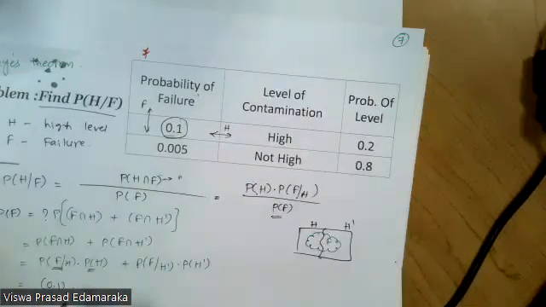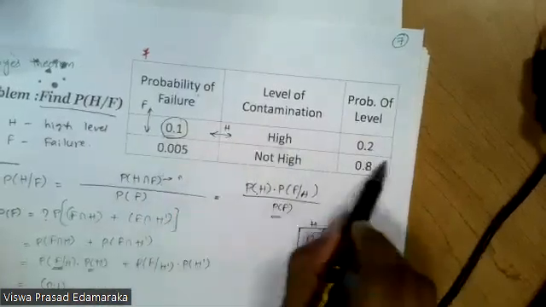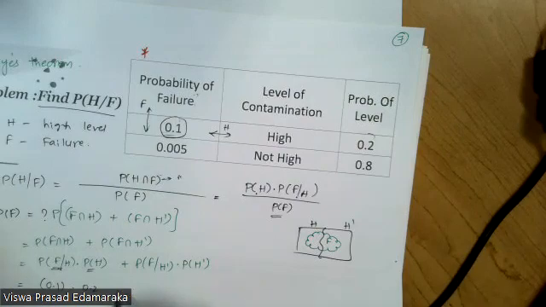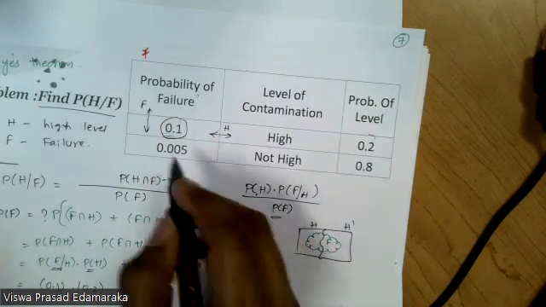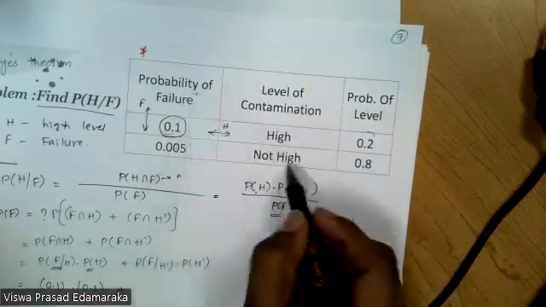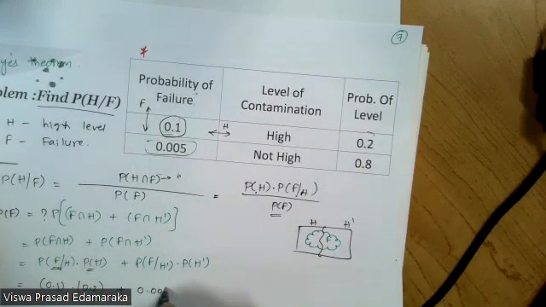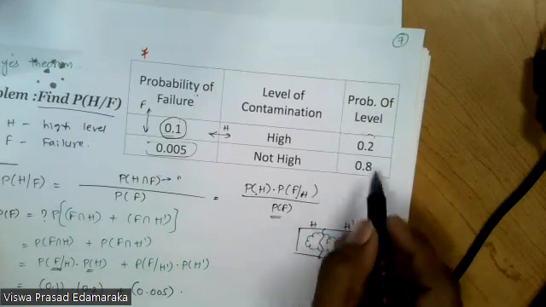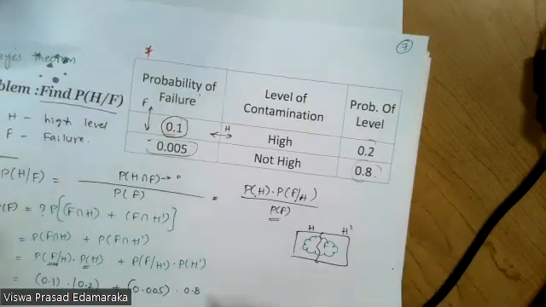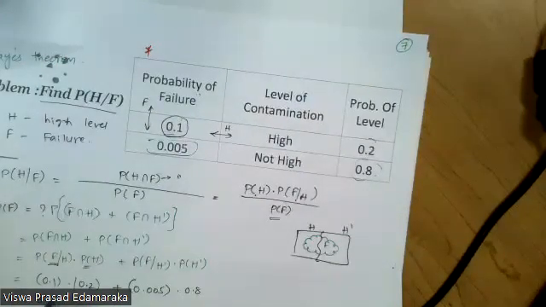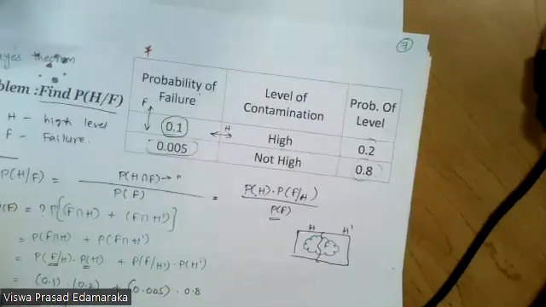P of H is this line, 0.2. P of F given H naught is 0.005. P of H naught is 0.8. After calculating, we get 0.24. This is P of F.